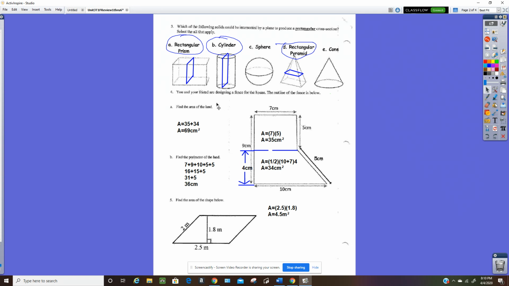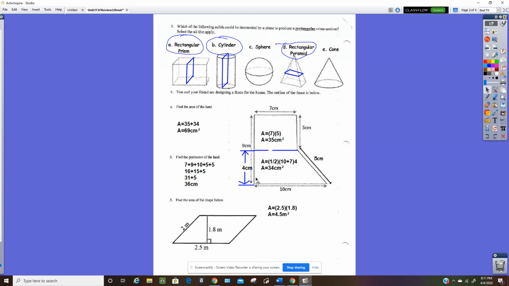And then find the area of this irregular shape here. So I split it into two regular shapes. I drew this line here to show that I separated these into two shapes. The top one is a rectangle, 7 by 5.